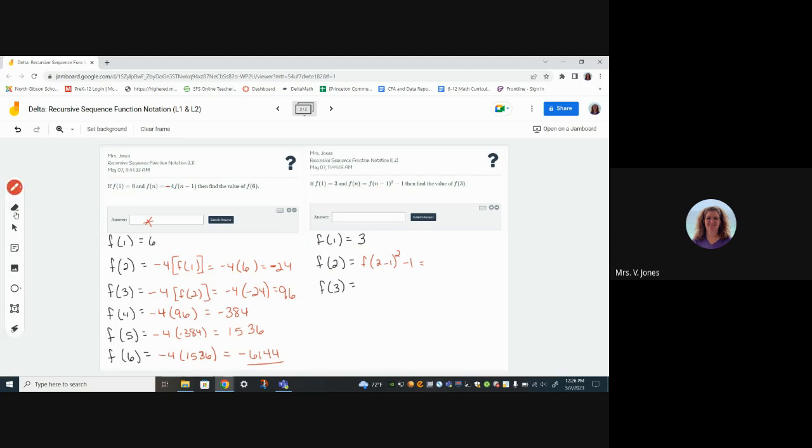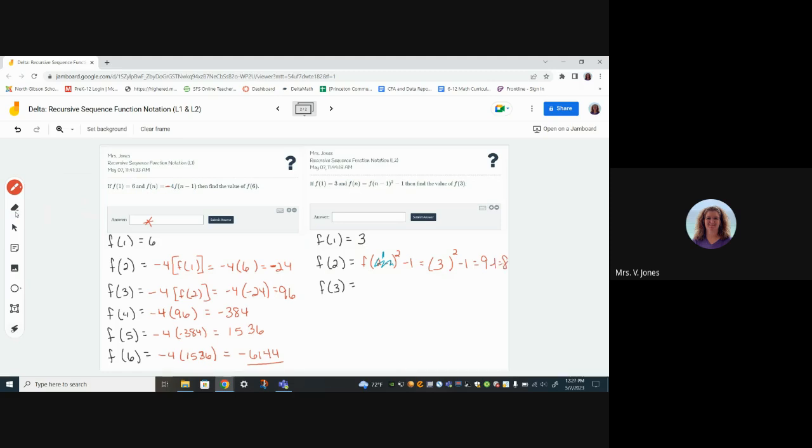And then you'll notice that 2 minus 1 here is just 1. So f sub 1 squared, well, f sub 1 we found above, f sub 1 was 3. So instead of f sub 1, I'm plugging in a 3. So that's going to be 9 minus 1, which is 8.